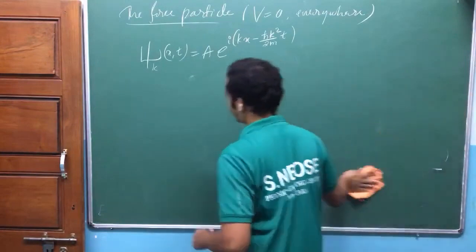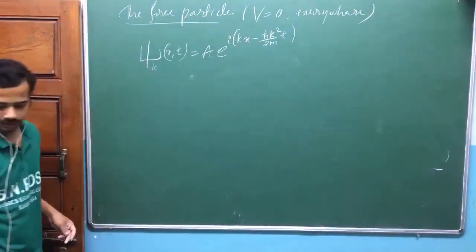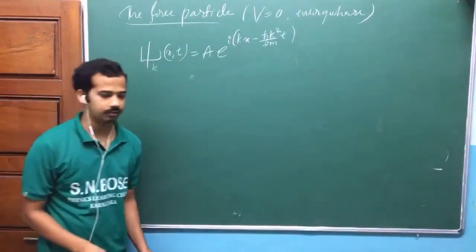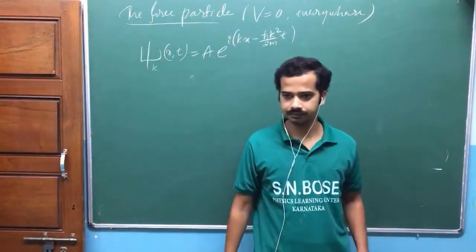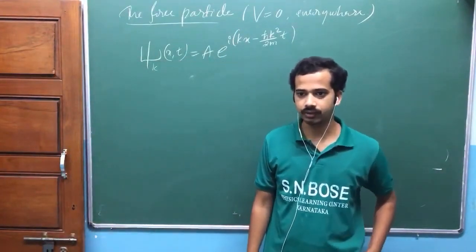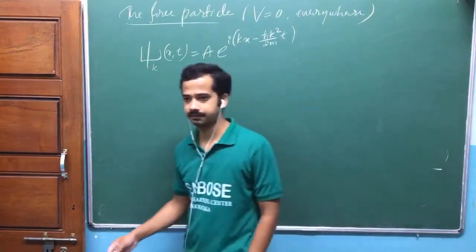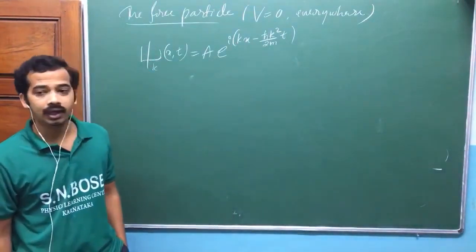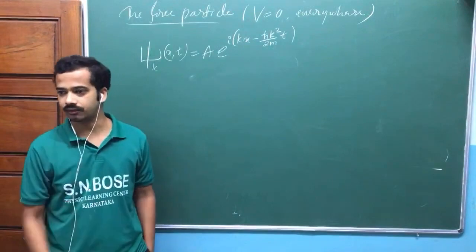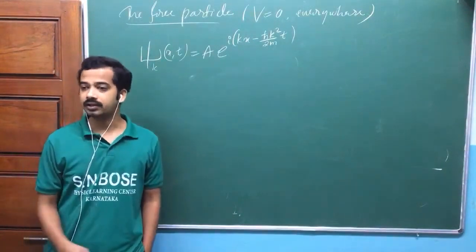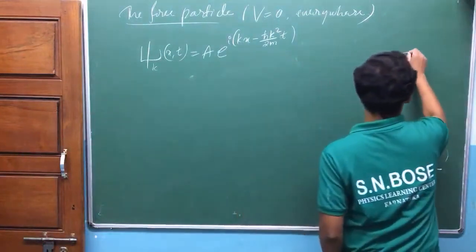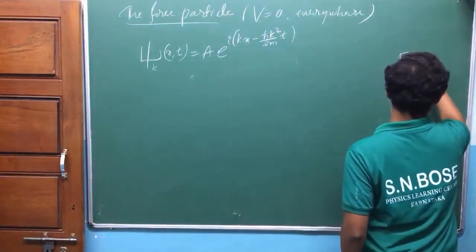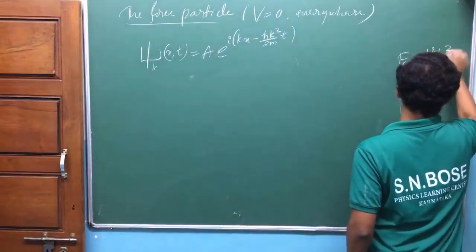While solving the Schrodinger equation, in case of particle in a box and in case of harmonic oscillator, we got one restriction to energy, isn't it? Now we haven't got any restriction to energy in case of free particle. Energy can be any value. We define energy as h bar square k square by 2m.